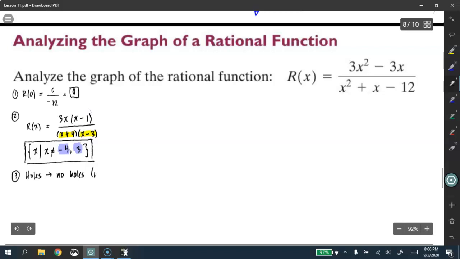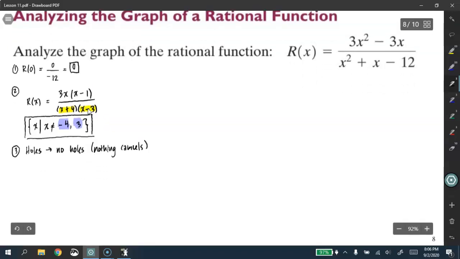All right, so I'll write that for you again in parentheses: nothing cancels from the numerator and the denominator. So there's no holes in this graph. Okay, then that means whatever is left over must automatically be a vertical asymptote. See how quickly we're going through this time. That means there's a vertical asymptote at x equals negative 4 and x equals positive 3.